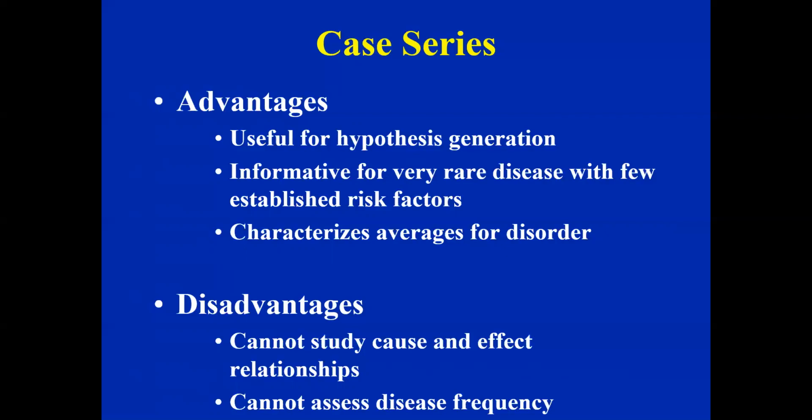You also cannot assess disease frequency, because for that you need numbers, it's about denominators. If you've got one case in a population of 1 million, having that relationship doesn't make a lot of sense. To assess disease frequency, you need more cases of the same condition, so that whatever numbers you get are meaningful.